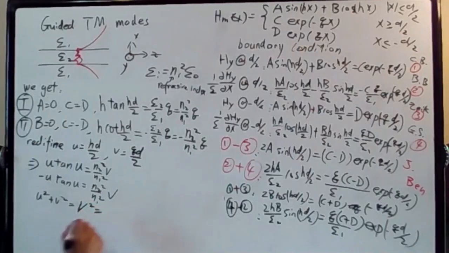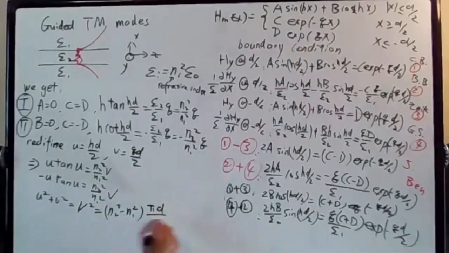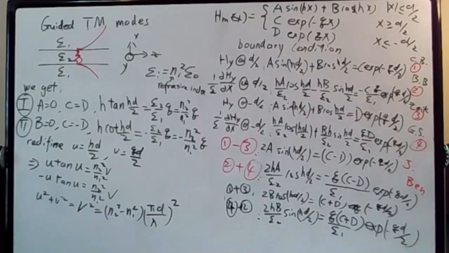It's a constant, which is N2 square minus N1 square times pi D over lambda, squared. So this is the capital V square. And we know that the total number of modes is V over pi over 2. So for every pi over 2, we get a mode.